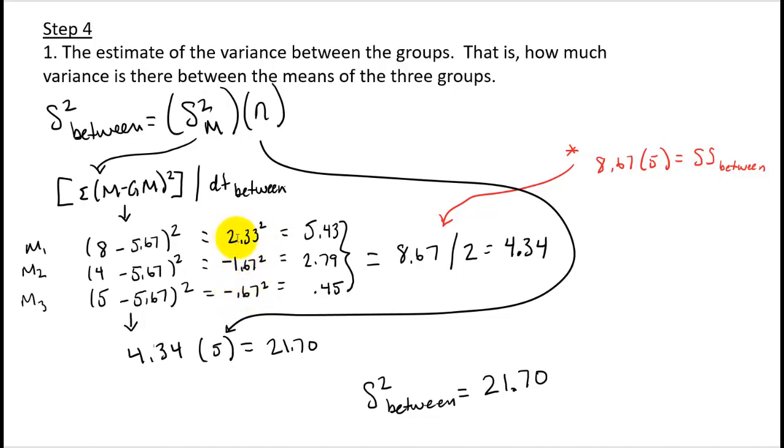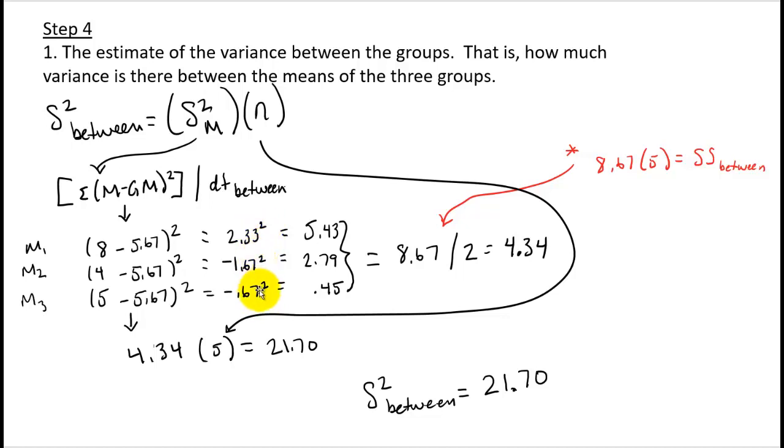Remember, these are our deviation scores. The mean of the first group is 2.33 above the mean. The mean of the second group is 1.67 below the mean. The mean of the third group is 0.67 below the mean, or it's a negative 0.67.